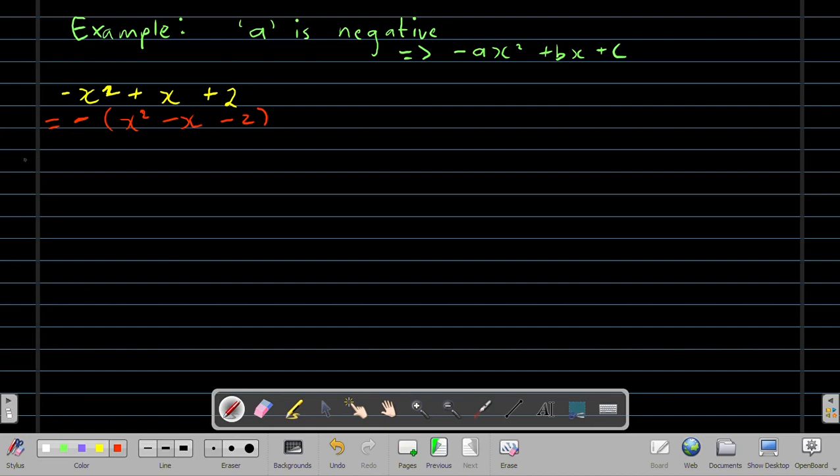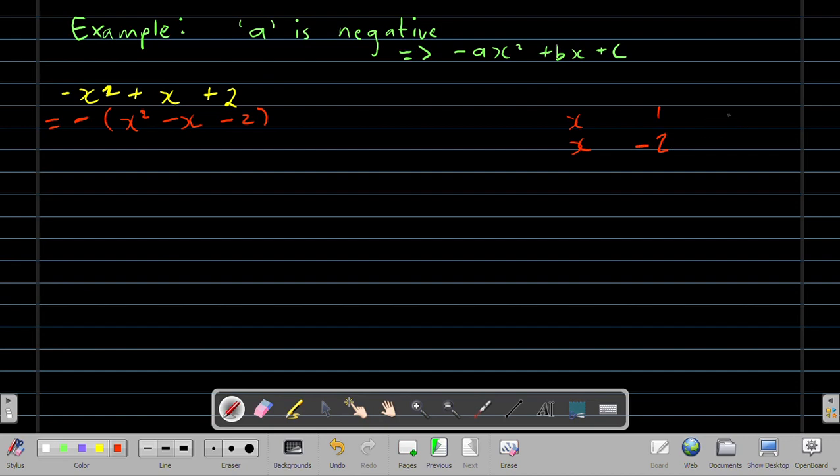we can just do what we've always done before. Since here we have 2 negatives, that means we're going to have a negative and a positive. So x, factors of 2 are going to be 1 and 2. And since b is negative, that means that the larger number has to be negative.